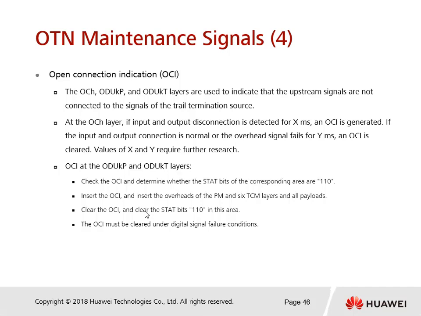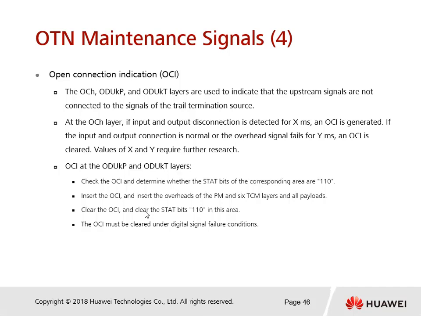At the OCH layer, if input and output disconnection is detected for X milliseconds, an OCI is generated. If the input and output connections are normal or the overhead signal fails for Y milliseconds, an OCI is cleared. Values of X and Y still need future research.